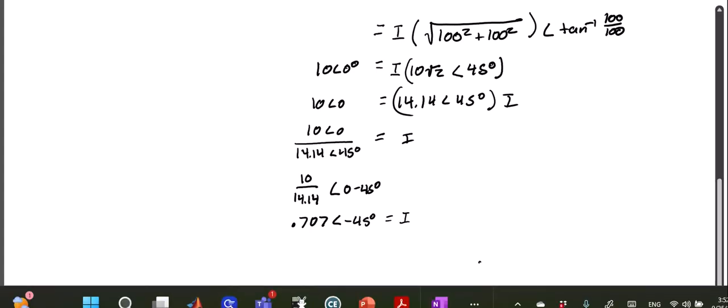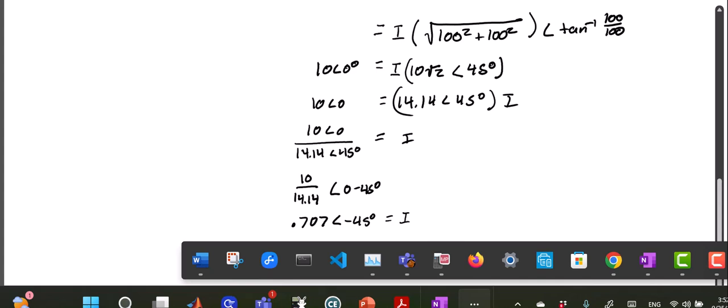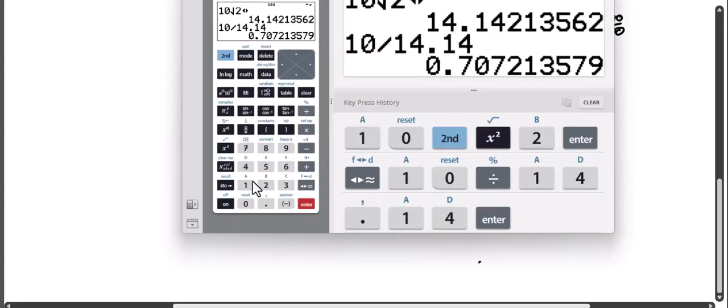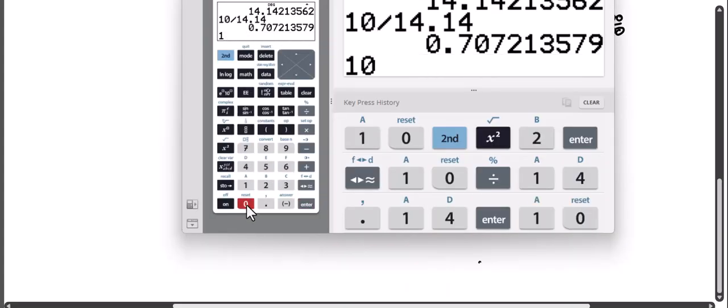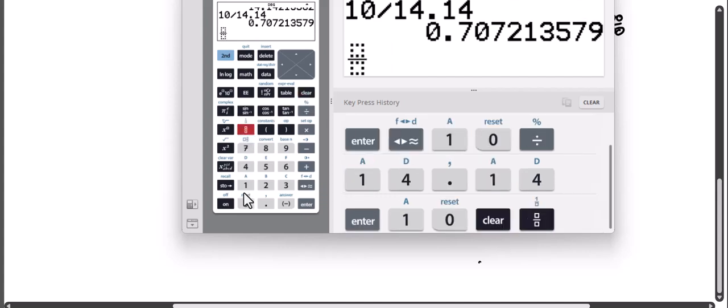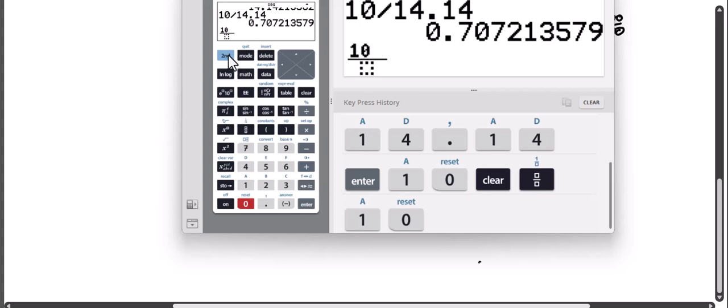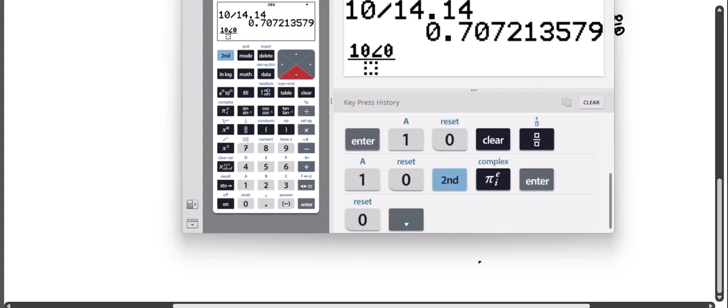Now, just to show you, I could have done this. So 10, well, I usually use fractions just to make sure I have everything in the right place. I don't have to put angle 0 because that's the same as just 10, but I can.